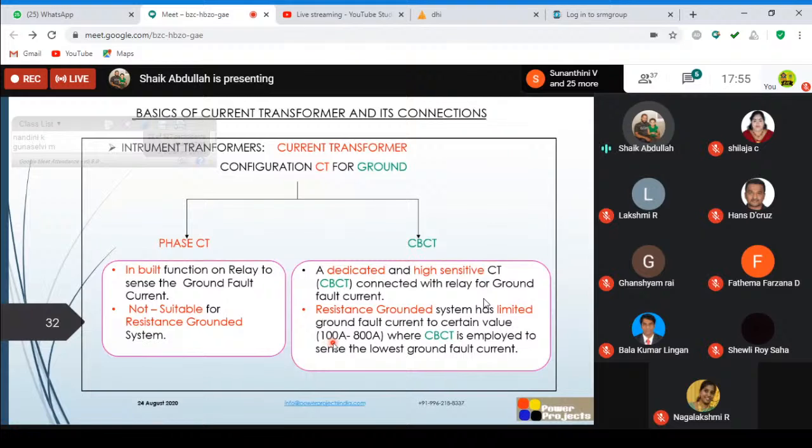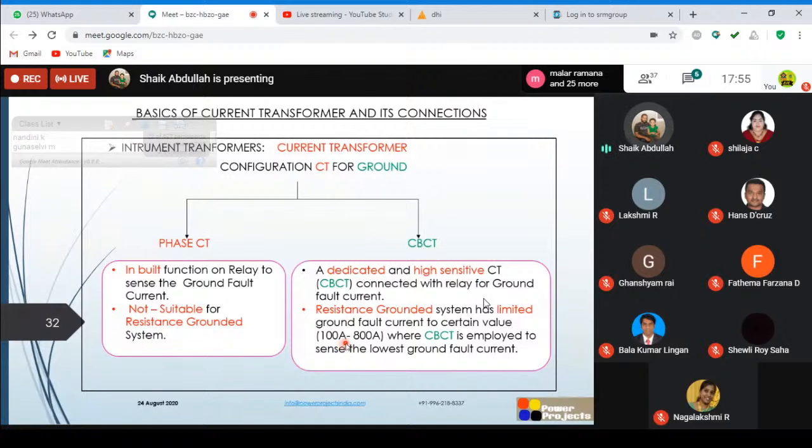If your motor stator core gets saturated at 80 amp, it means you are going to limit the fault current at 100. And if your fault current is not 100, it will be less than that, sometimes 50 amps.